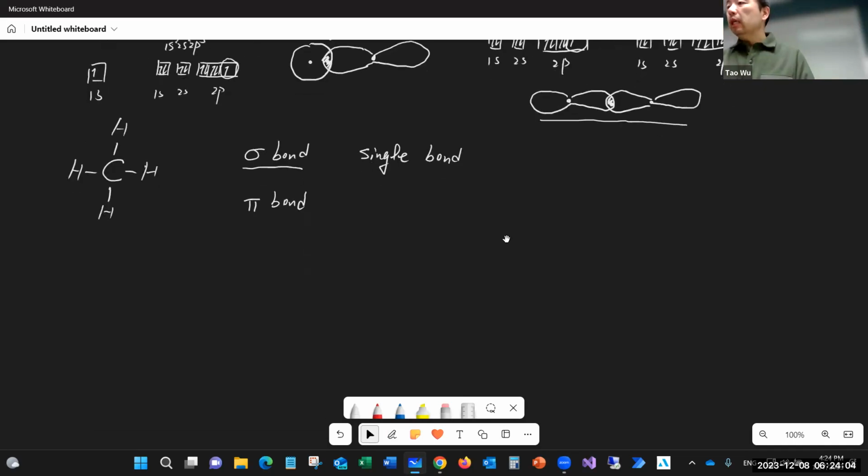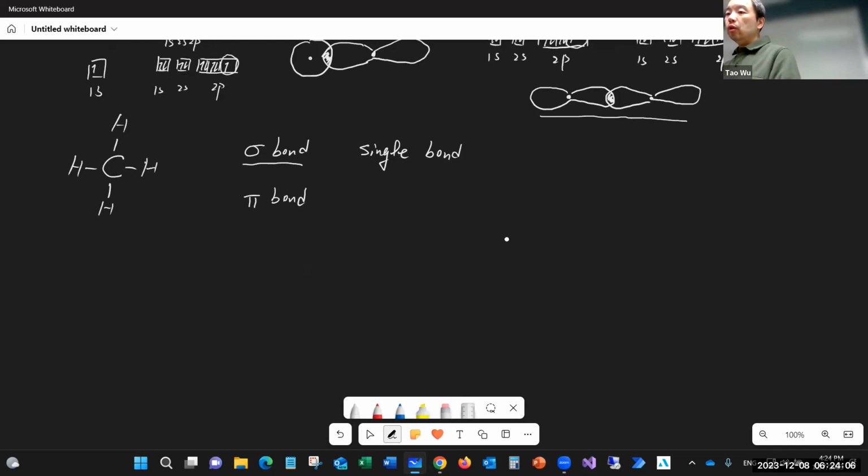A pi bond is when 2 p orbitals overlap together, but this overlap is not head-to-head overlap. It overlaps side by side. How come it's side by side overlap? We have one of the p orbitals, right? And there's another p.